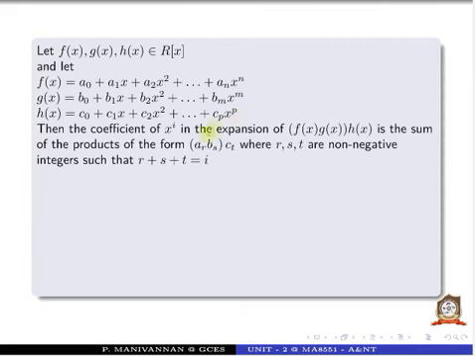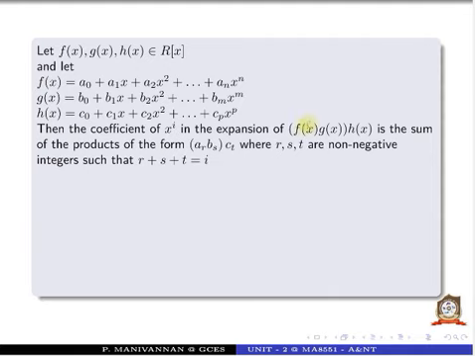Then the coefficient of x power i in the expansion of f of x into g of x into h of x is the sum of the terms ar bs ct. Why?